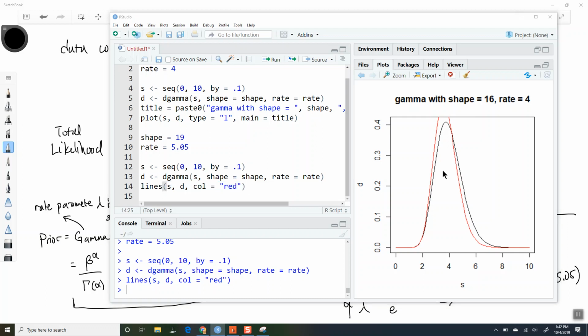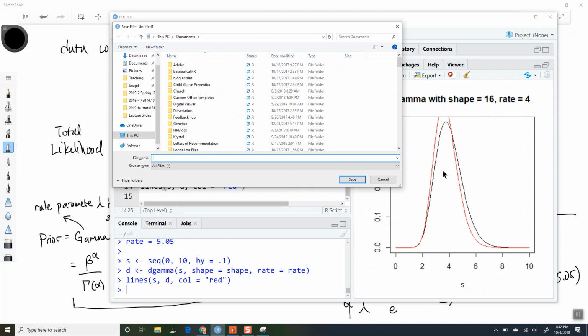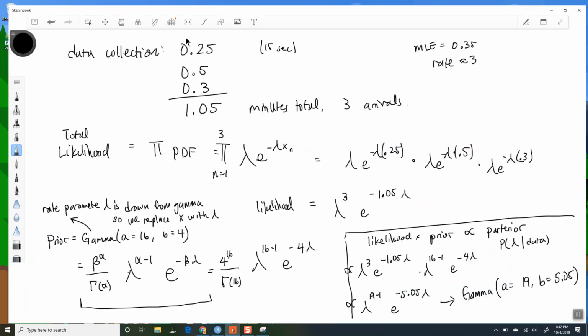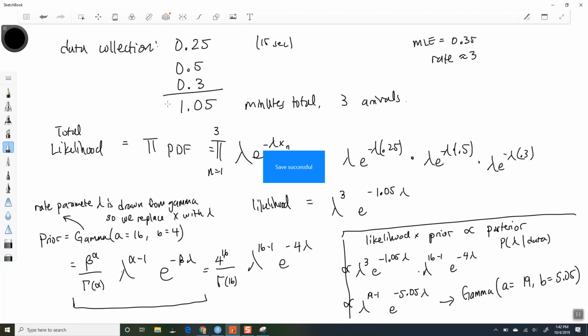let's say we observed 30 arrivals instead of 3, and they have this exact same pattern.